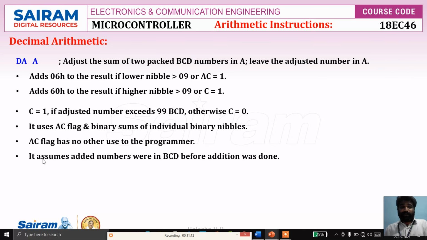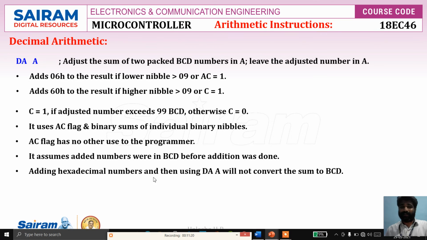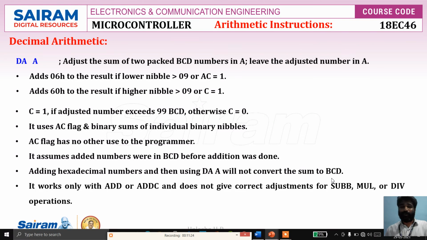And one more important point: it assumes the numbers were in BCD before the addition was done. So adding hexadecimal numbers and then using DA will not convert the sum into BCD. And one more important point: this decimal adjust accumulator instruction works only after an addition instruction, and does not give correct adjustment for multiplication or division instructions.